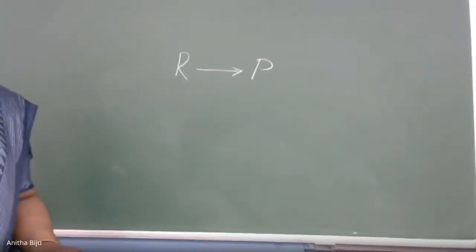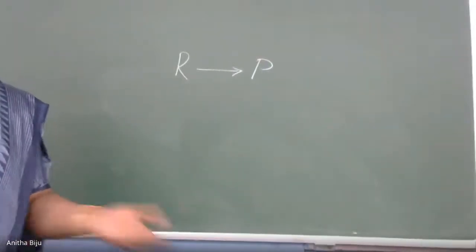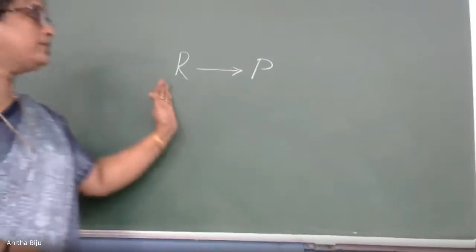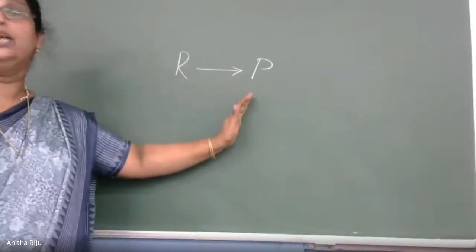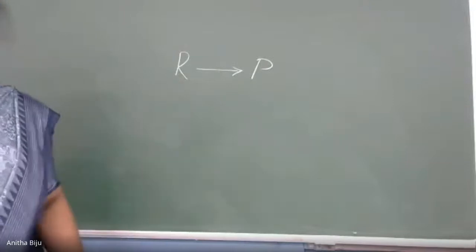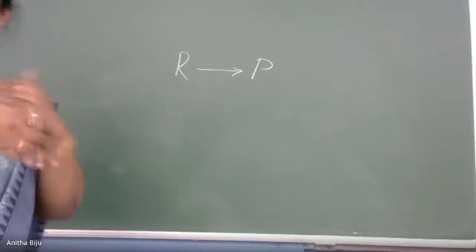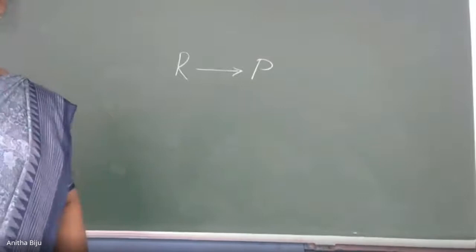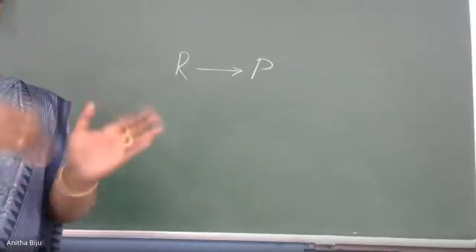R stands for a reactant and P stands for a product. It does not mean that there is only one reactant and only one product. It is a hypothetical representation related to a chemical reaction.